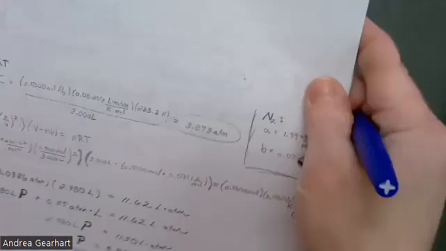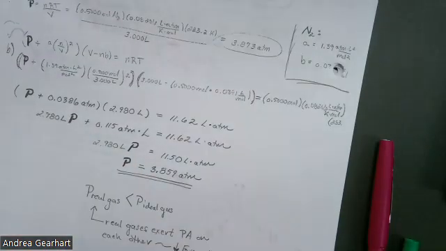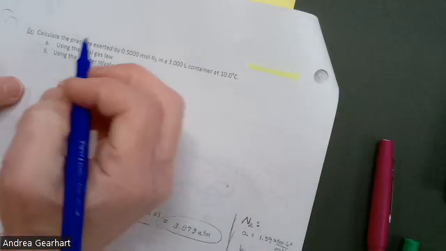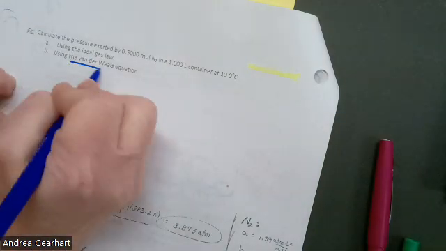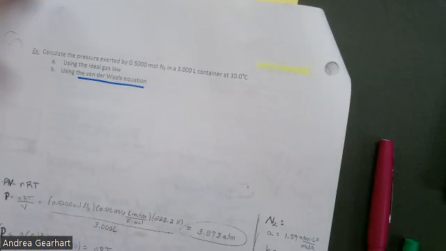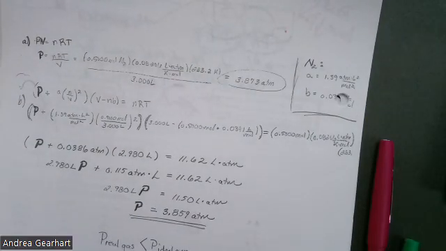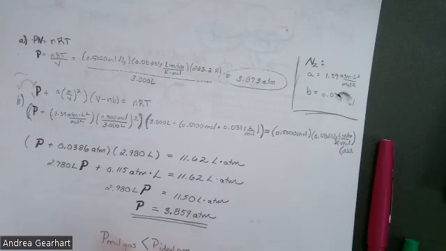On the next page, I worked out an example for us. Unless you're told to apply the van der Waals equation, do ideal gas law all day long. So there's an example for us.